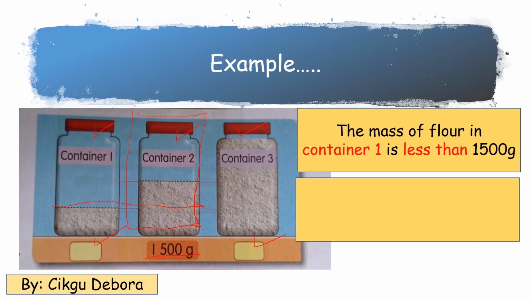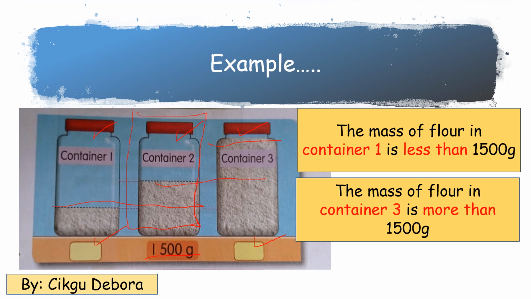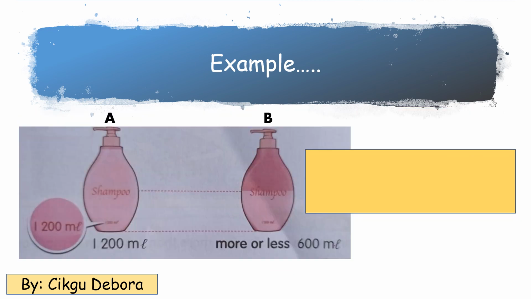While in container 3, we can see that the mass of flour is more than in container 2. So we can say that the mass of flour in container 3 is more than 1,500 gram.